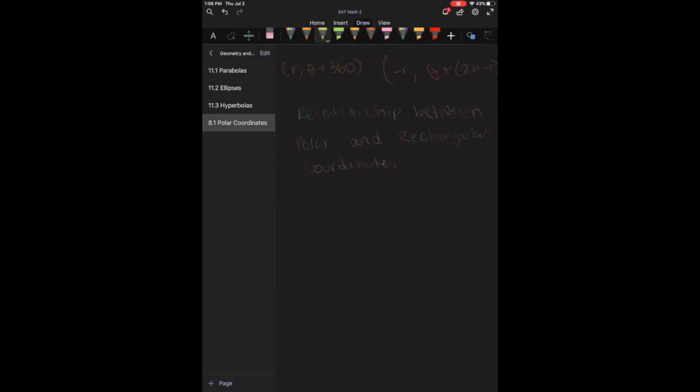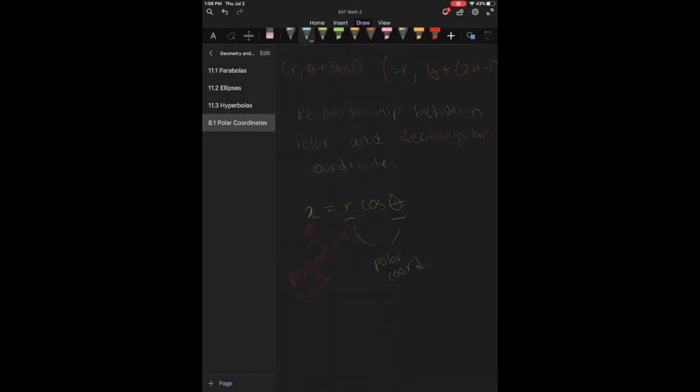Okay, so we have x equal to r cosine theta. Okay, this r and this theta come from the polar coordinates, right? And this x comes from the coordinates that we all know and love, the rectangular coordinates, right? Okay, and you see how x equals r cosine theta.